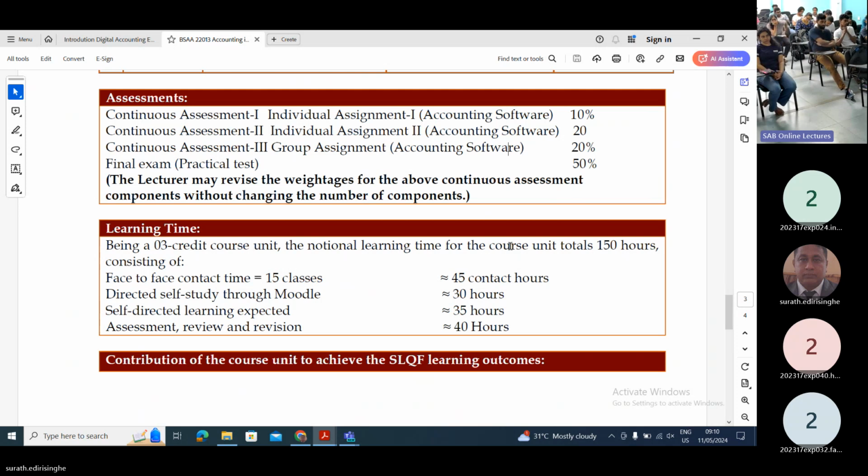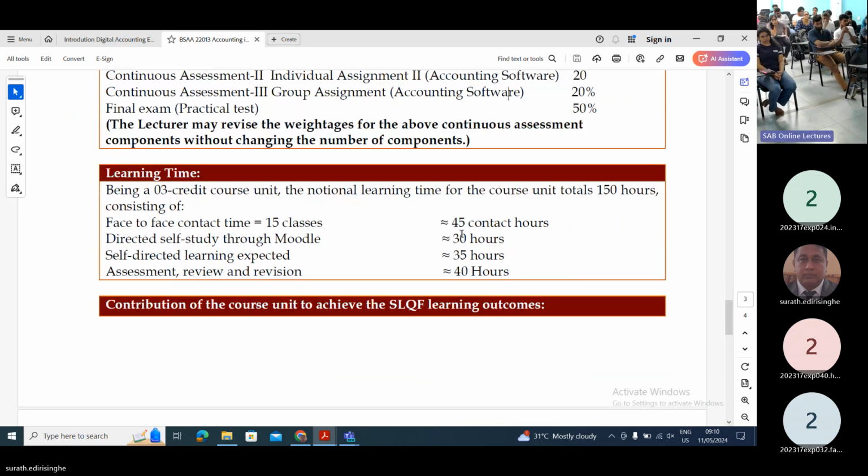Learning and teaching hours. Normally in the class, we conduct 45 hours, 3 hours into 50. Okay? Per week, 3 hours into 50 weeks, 45 hours. Look at your responsibility. Direct self-study for the module, 30 hours.